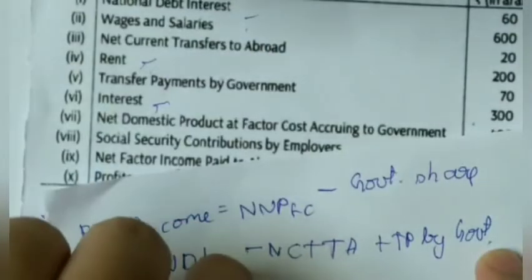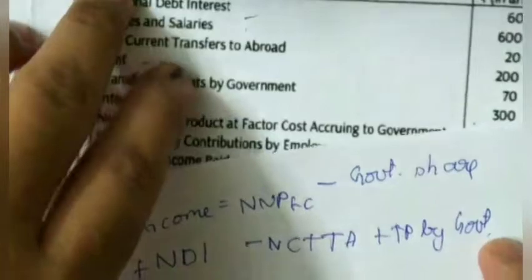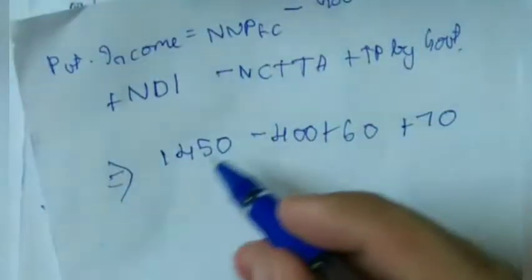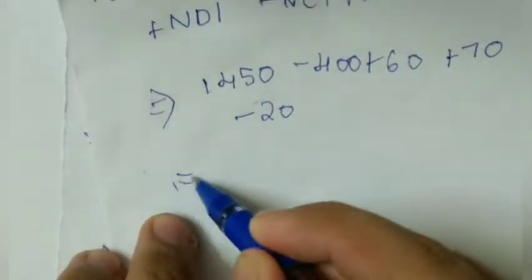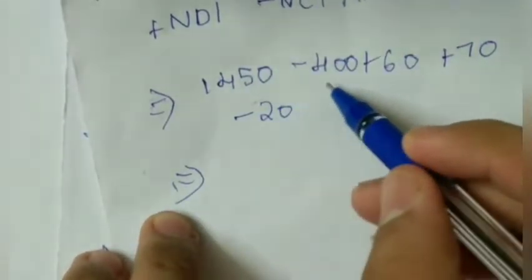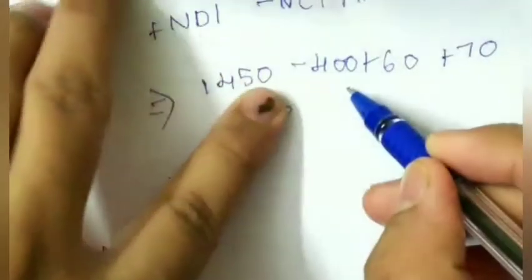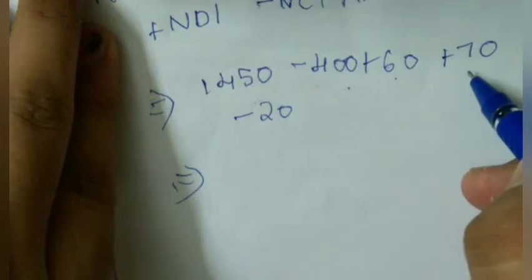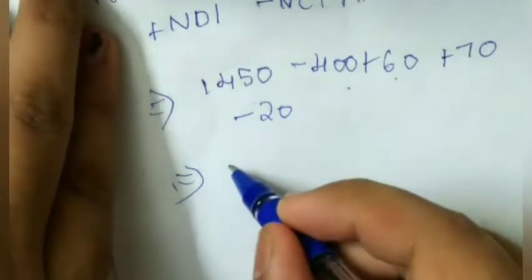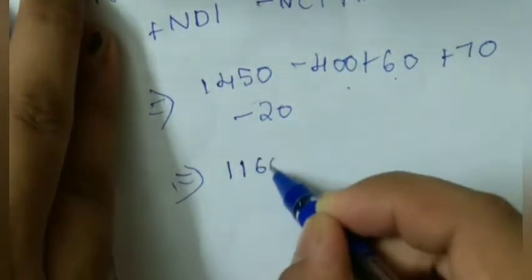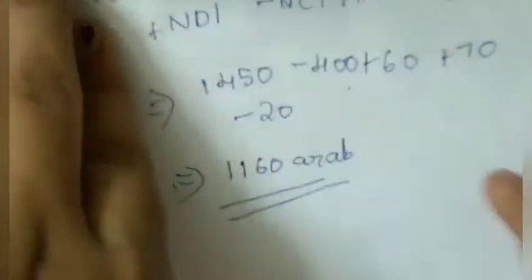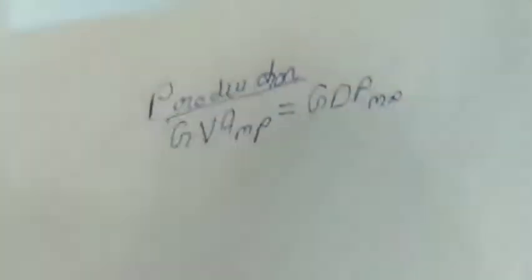And finally we have net current transfers to abroad, which is 20, minus 20. So 1450 minus 400 is 1050, plus 70 plus 60 is 1180, minus 20 is equal to 1160 crore. So this will be the value of private income. So this question is also over.